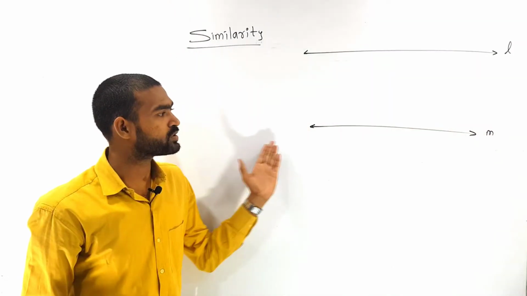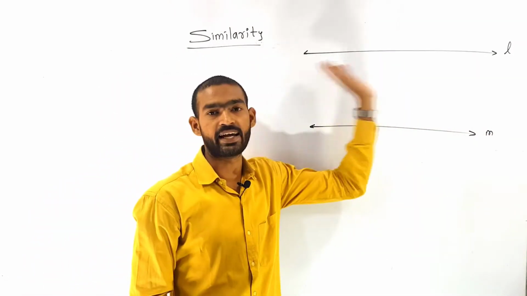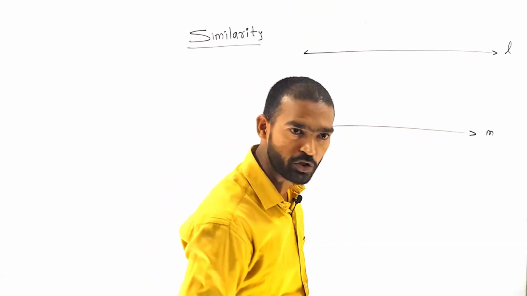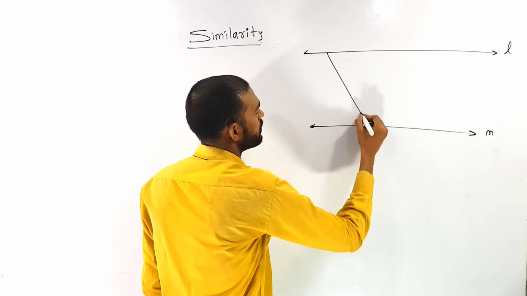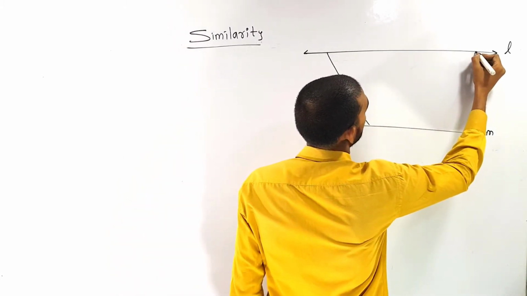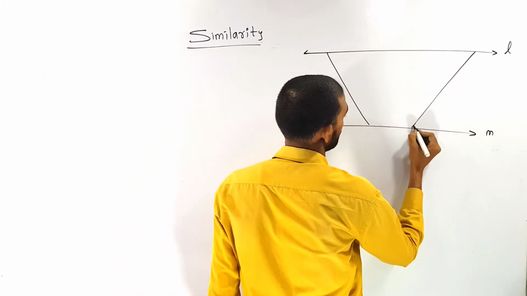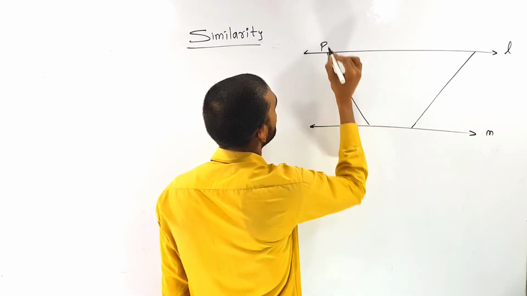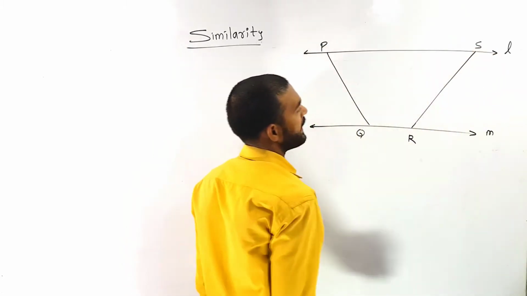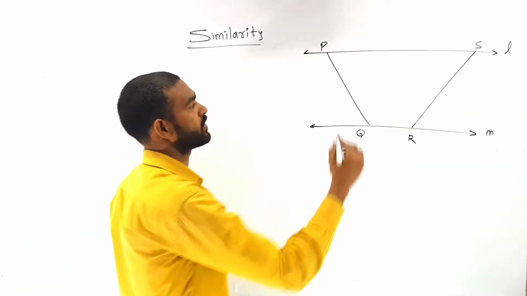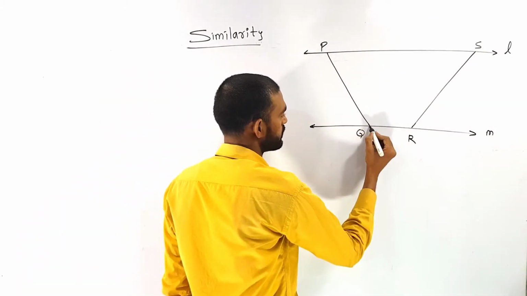Let's say both the lines, line M and line L, are parallel to each other. And we have two triangles. First is PQR.